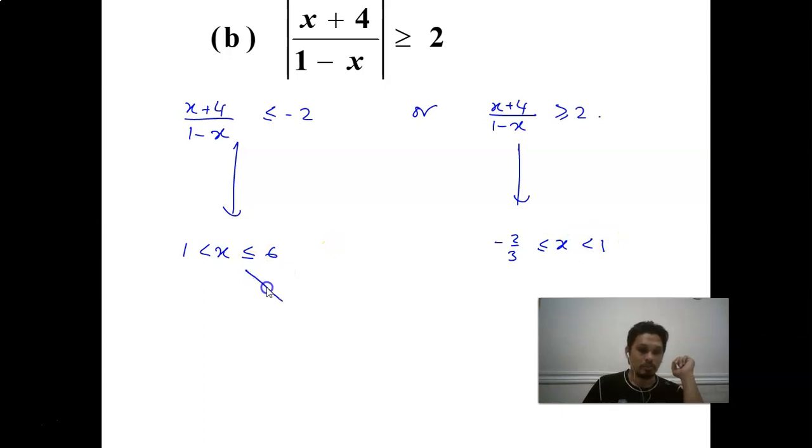So bring these two together, and your final answer should be (-2/3, 1) union (1, 6]. You try solving this question by yourself.